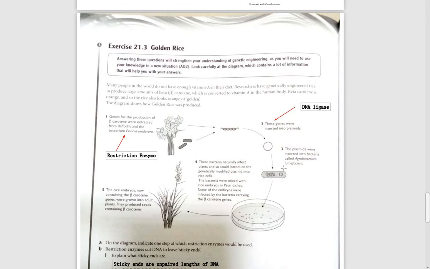The bacteria are then mixed with the rice embryos in a petri dish. Some of the embryos were infected by the bacteria carrying the beta-carotene genes, and then the rice embryos now contain the beta-carotene genes. They grow into adult plants, and then they produce seeds containing beta-carotene. So this is how the genetic engineering is done.